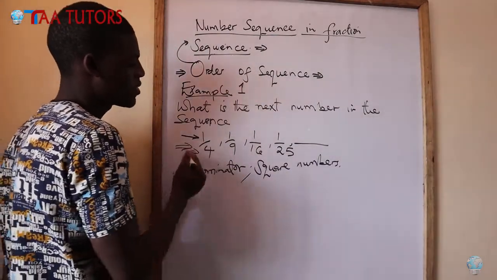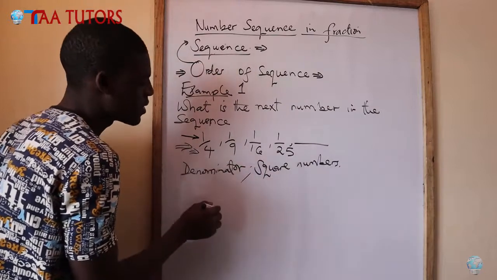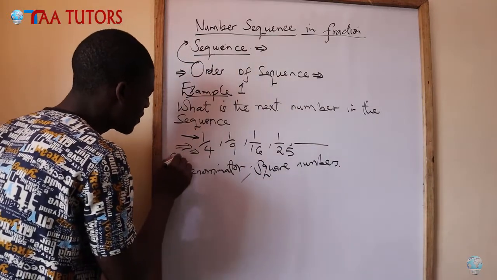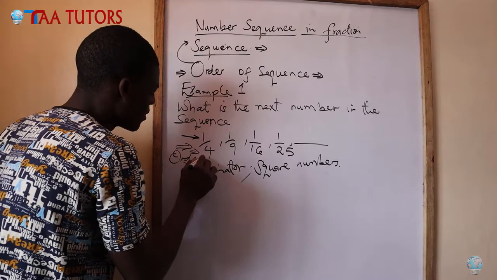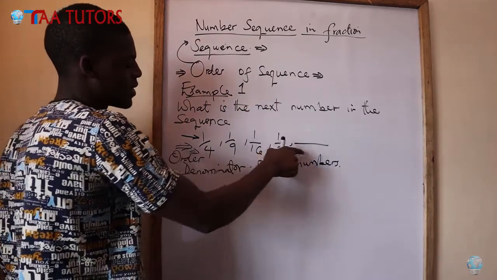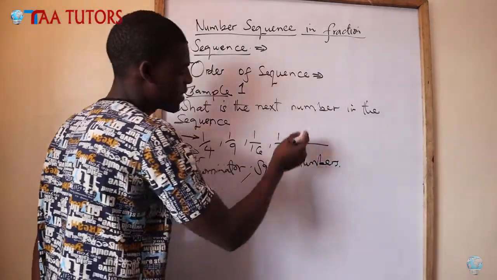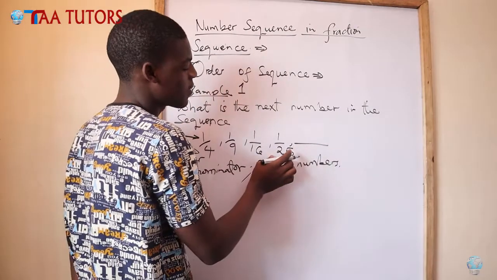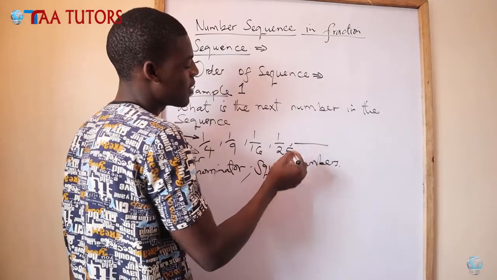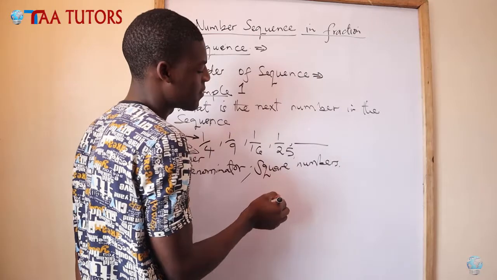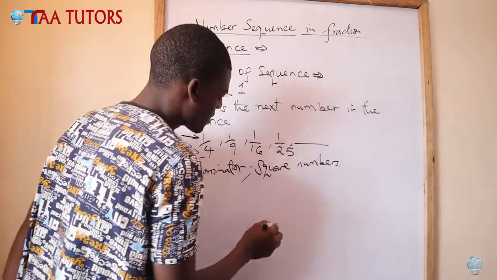So for us to find the next number, the order they are using for the denominator is square numbers. It means in the next term of the sequence, the denominator must be the square number after 25. After 25, the square number is 36.